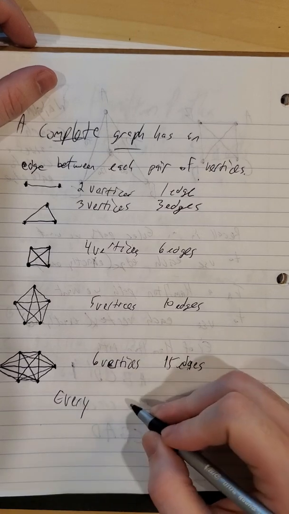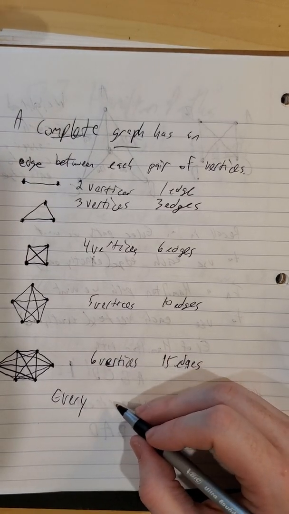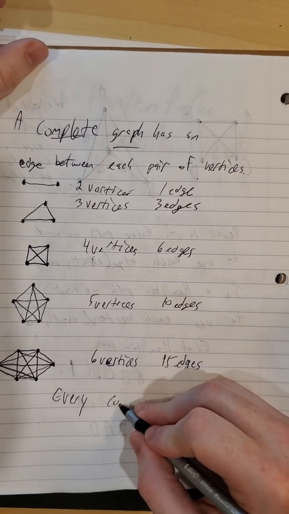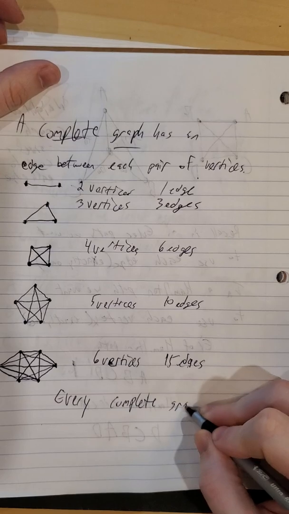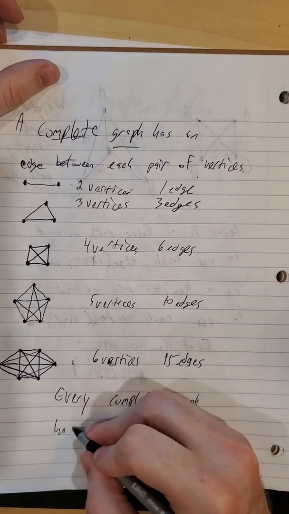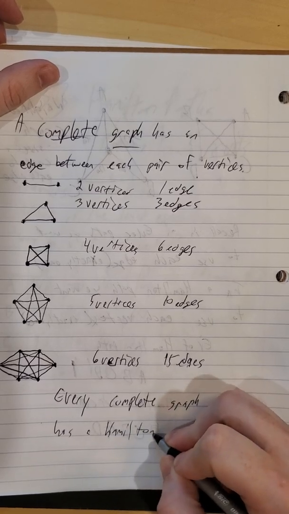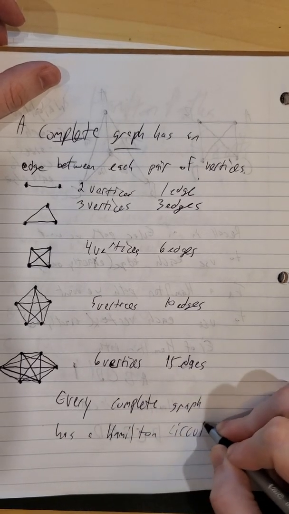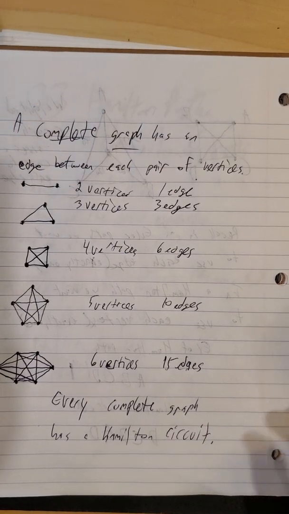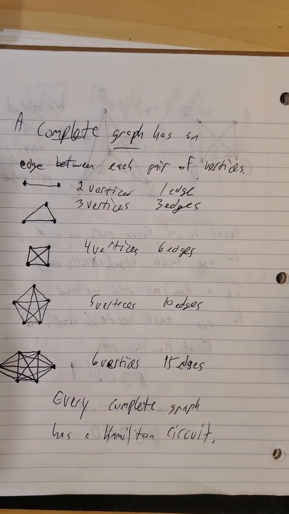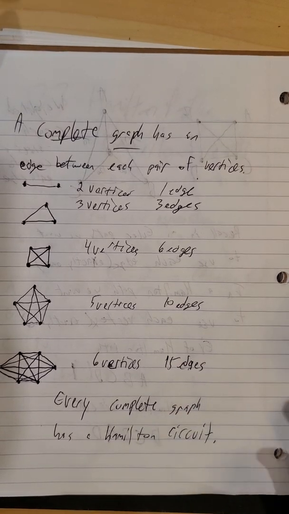The reason we cover the idea of a complete graph in a little bit more detail is that every complete graph has a Hamilton circuit. So if it's a complete graph, you're guaranteed it's there. It's not guaranteeing you'll find the best one easily. It's just saying that it does exist.